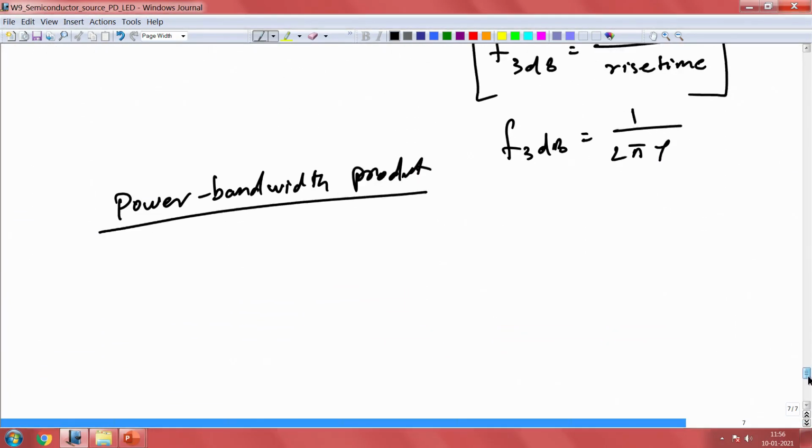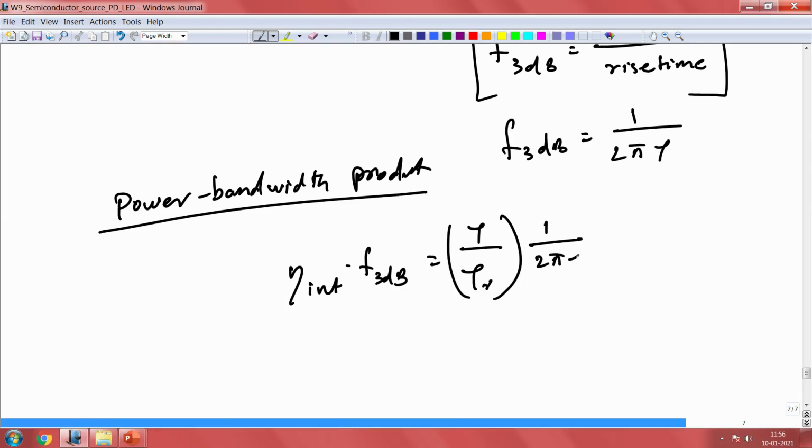So, the question here is, can we still do this intensity change without affecting the bandwidth. That is given by eta internal times f 3 dB, and that efficiency is given by tau over tau r, radiative recombination, 1 by 2 pi tau, and that is given by 1 by 2 pi.